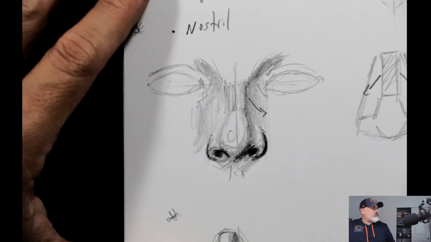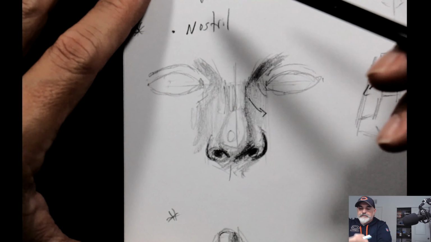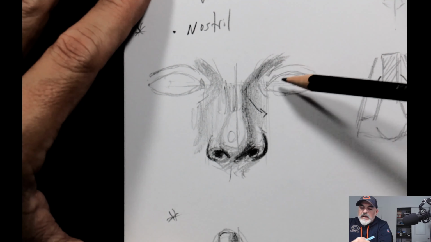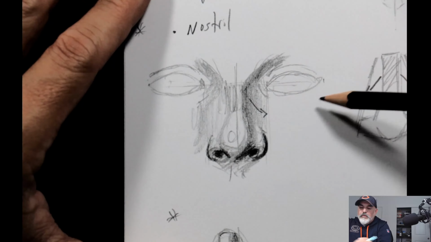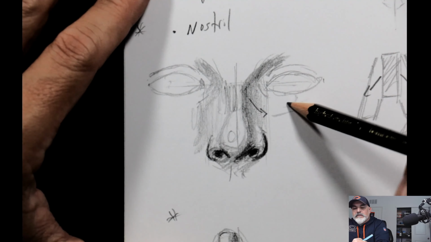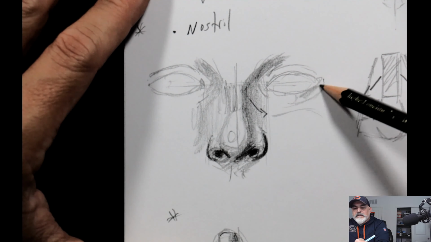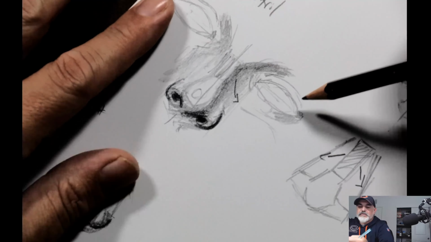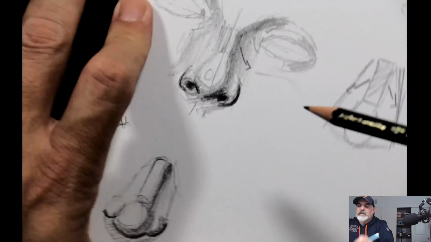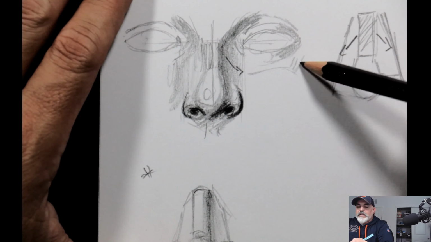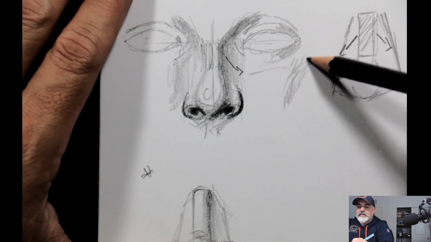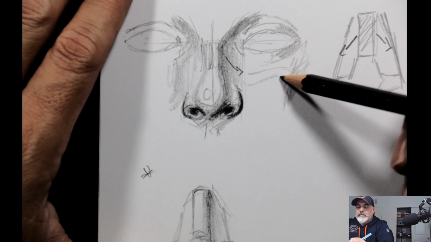So when you start rendering a nose, it's important to understand how this three-dimensional form is interacting with light. So here is the eyelid. This side's going to get shadow because it's round. This side's going to get shadow because it's round. And then right here on this cheek, this side's going to get shadowed because the cheek is coming up this direction.